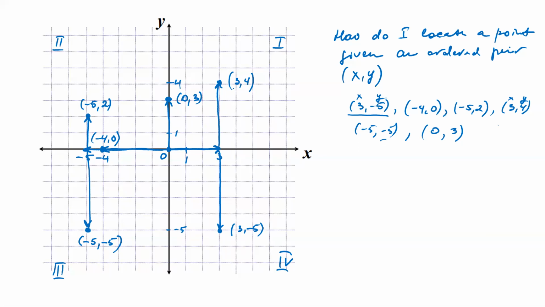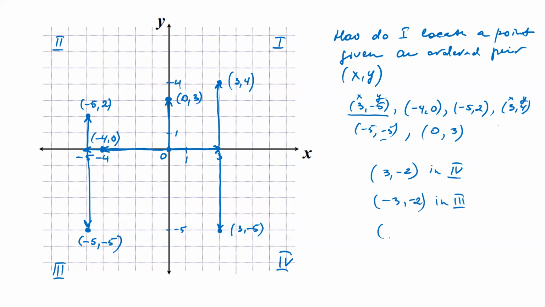So if I'm given an ordered pair, let's say (3, -2), without even locating the point, I can say right away, oh, that is a point in the fourth quadrant. Why is that? Because the x is positive and the y is negative. But let's say I'm given the point (-3, -2), then I can say right away that this is a point in the third quadrant because both coordinates are negative.